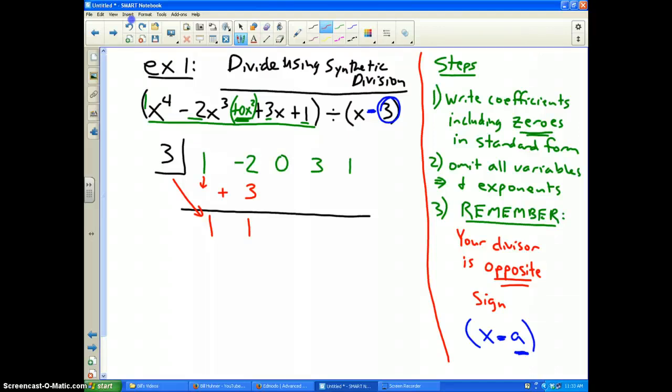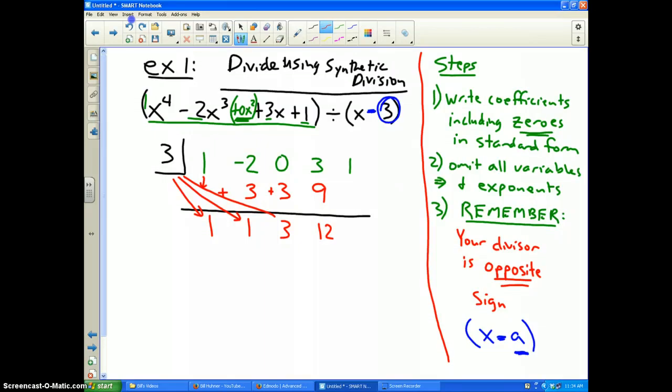And then we repeat the procedure. We take the divisor times that number, 3 times 1, and put it up here again, which is 3, under the next number. And then we add the numbers together. 0 plus 3 is 3. And then I take 3 times 3 again, which is 9, and I add those two together and get 12.